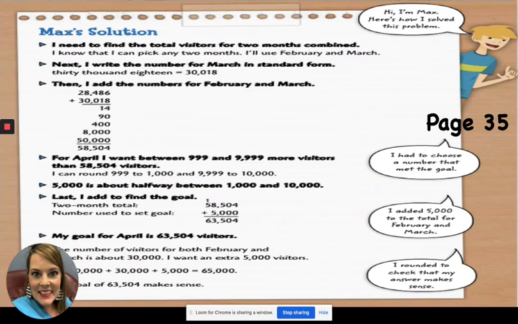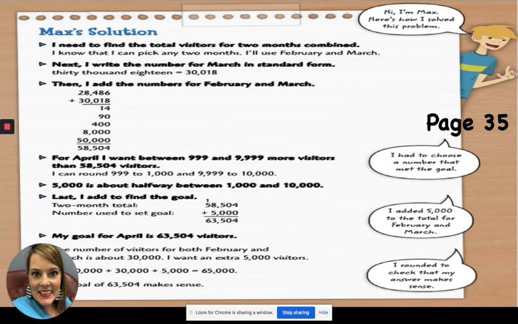And so then he added up his total that he took from February and March. He got 58,504, and he added the 5,000 to that, the number he used to set his goal, and he ended up with 63,504. You'll notice he did the standard algorithm for this one.